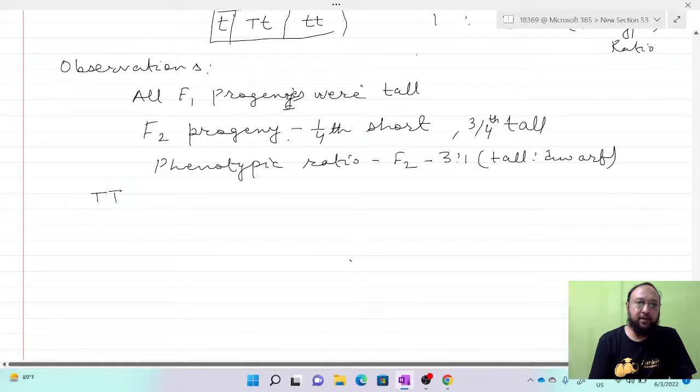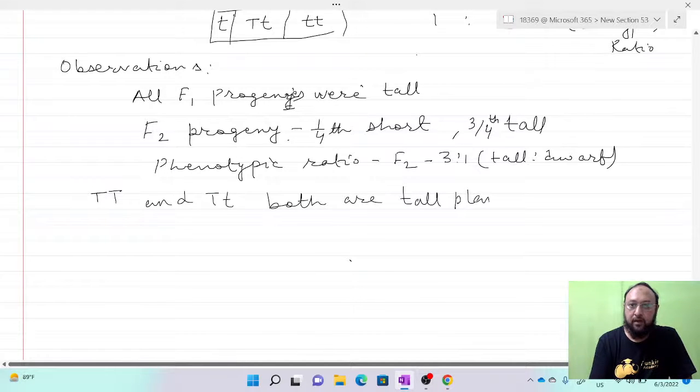Capital T means dominant. Capital T, capital T and capital T, small t both give tall plants, while small t alone is a short plant.